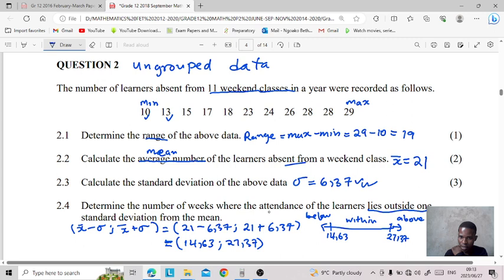So we start with 28, 28, and 29. So all in all, there are 5. Therefore, there are 5 weekends. That will be the answer for outside one standard deviation.